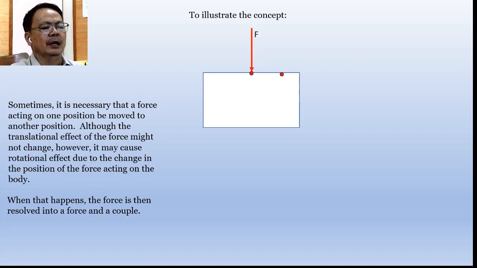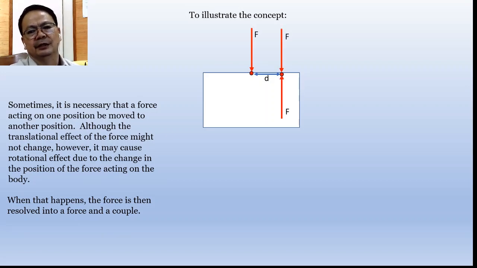Say for example, I have here added from a point D to this F a pair of oppositely directed collinear forces equal in magnitude, and here is the force. You will notice that if I add these forces, nothing will change. Why? Because I simply have added an equilibrium.